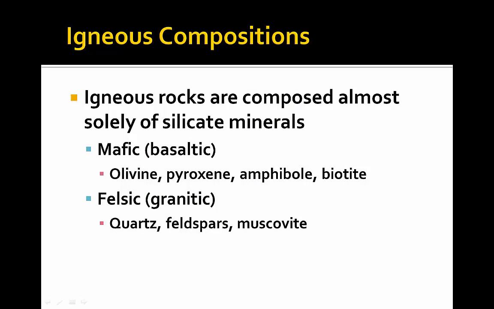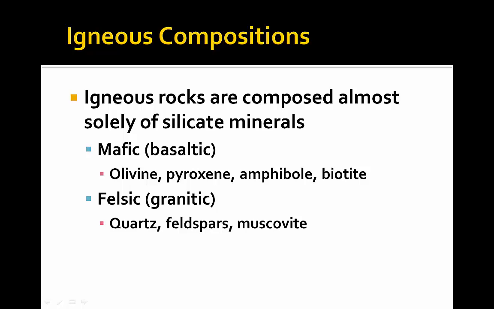So the next step after determining the texture of an igneous rock is to determine the composition of it. Now, igneous rocks are almost always made out of silicate minerals. And the particular minerals are going to be a relatively short list. We have two different categories, mafic and felsic. Mafic is a term that comes from magnesium and ferrous, meaning iron.